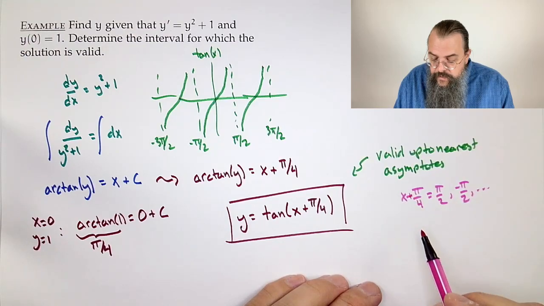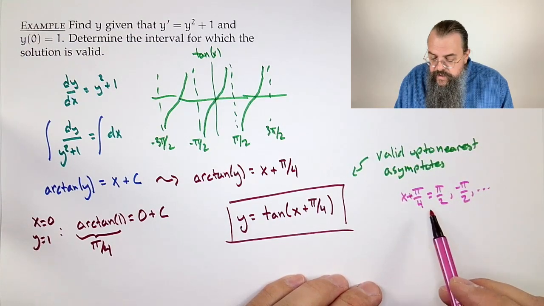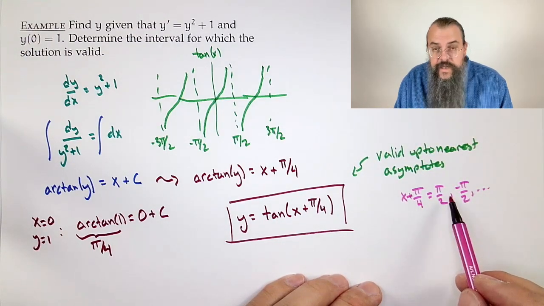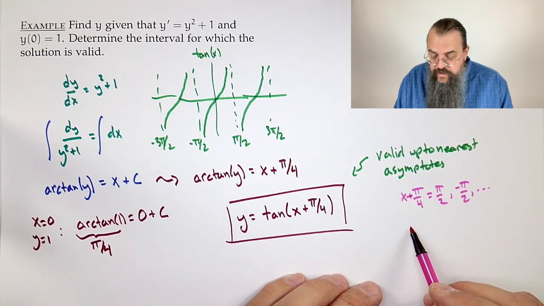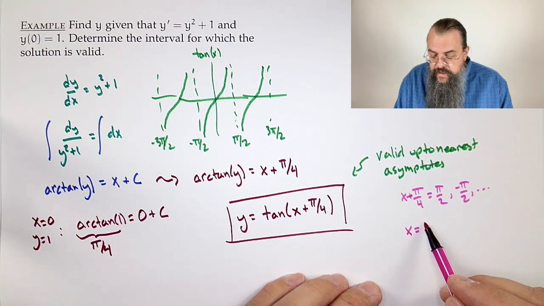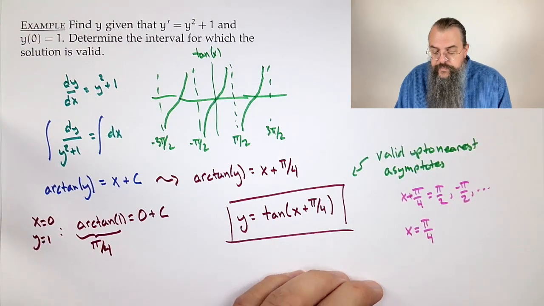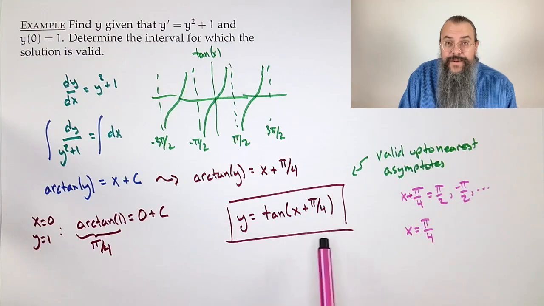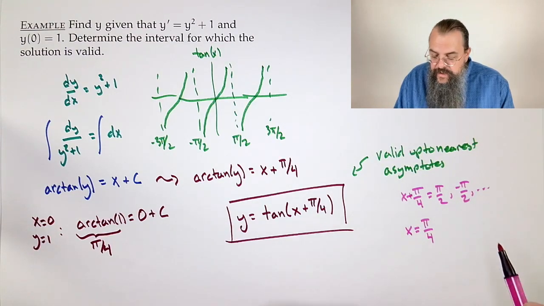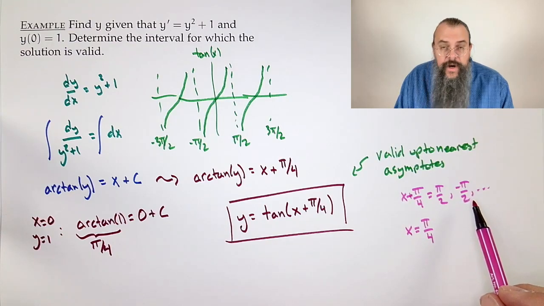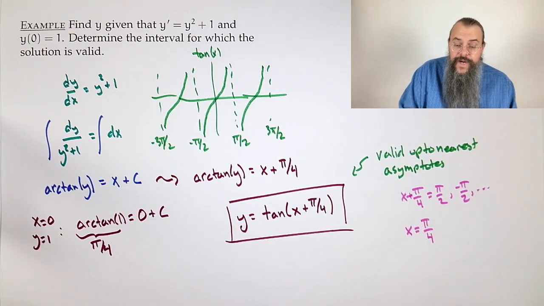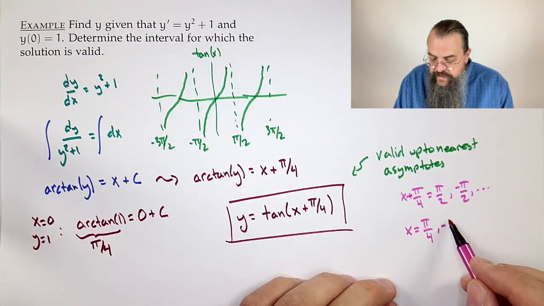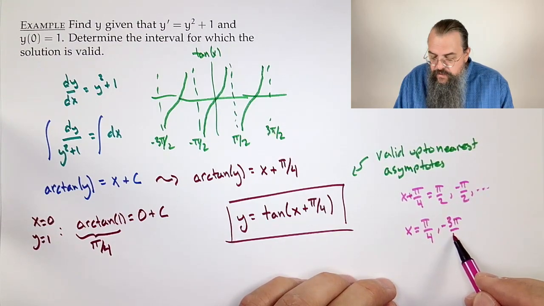All right, so what do we have? If we have x plus pi over 4 equals pi over 2, that says one thing that could happen is at x equals pi over 4. That's going to be a problem, because at pi over 4, we have pi over 2 being plugged in. And what about here? Well, negative pi over 2 minus pi over 4 would be negative 3 pi over 4.